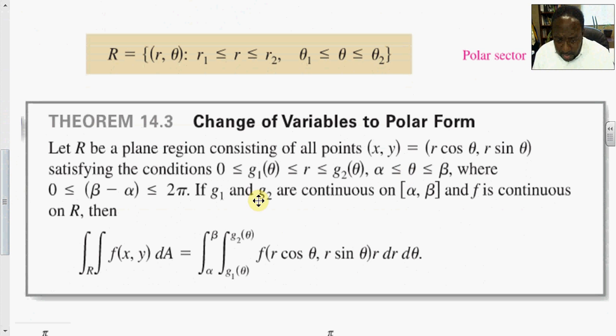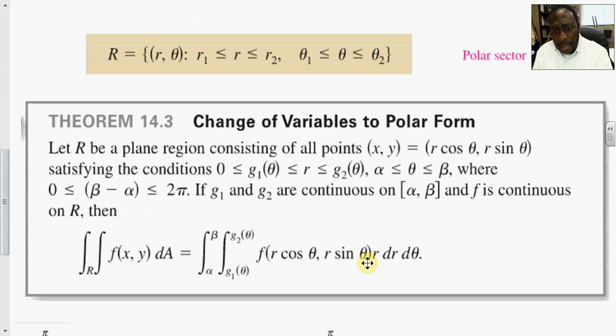So if g sub 1 and g sub 2 are continuous on the closed interval from alpha to beta, and if f is continuous on R, then the double integral over the region of the function with respect to the change in the area is, in its polar form, the integral from alpha to beta, the integral from g sub 1 of theta to g sub 2 of theta, where x is replaced with r cosine theta and y is replaced with r sine theta.